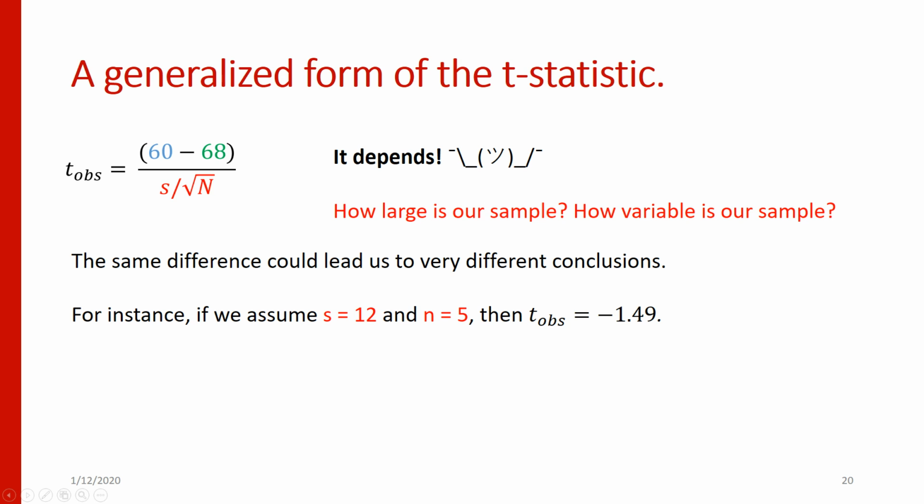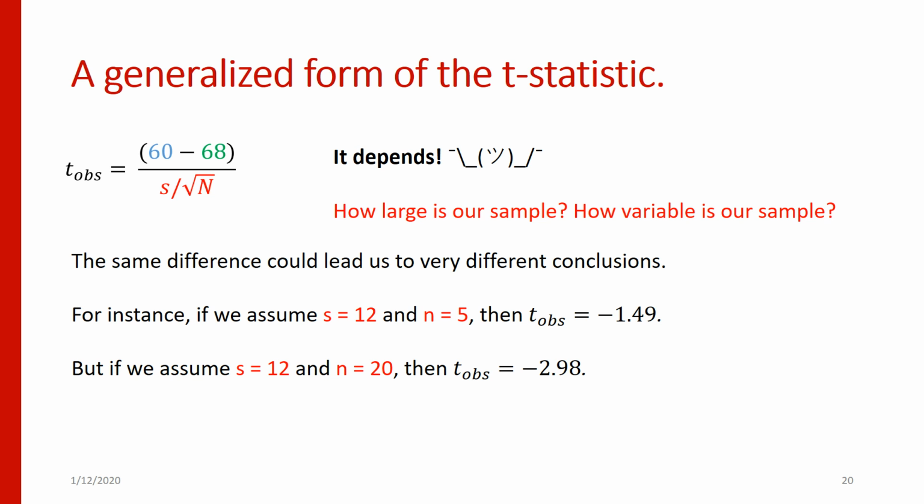Right? It's a negative t-value because 60 is less than 68, and it's 1.49 because I'm taking 12 divided by the square root of 5, and negative 8 divided by that gives me negative 1.49. So that's not a very extreme t observed value.